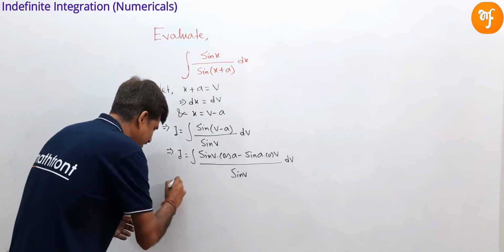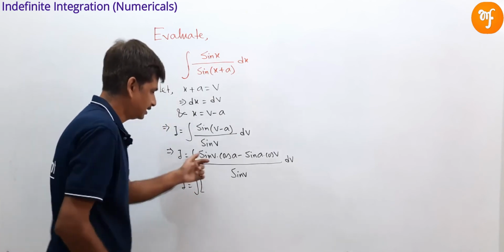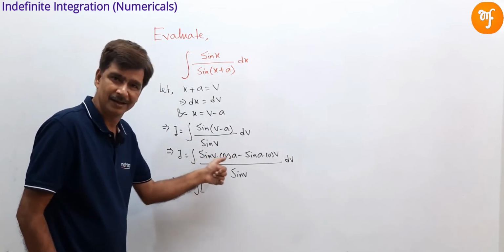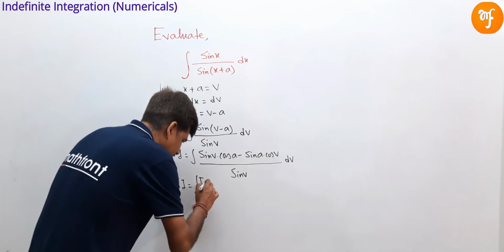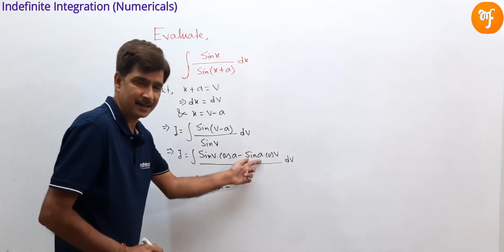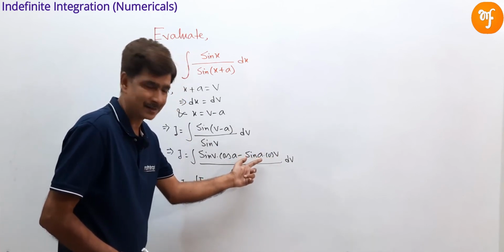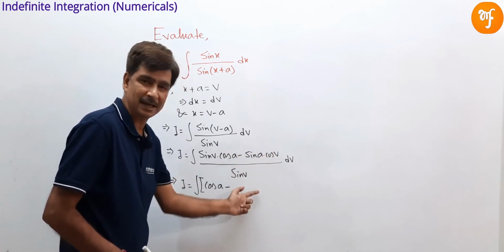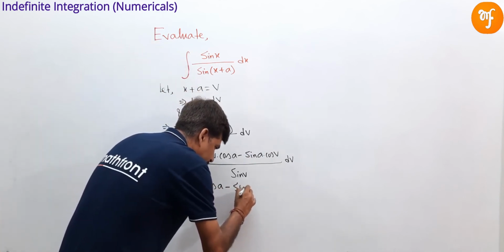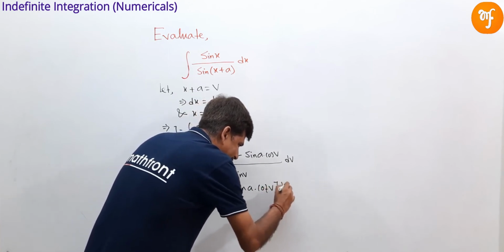So what is I? I will be the integration of sin v cos a divided by sin v. So sin v can be cancelled, and this will be simply cos a. So we write cos a minus sin a into cos v divided by sin v, and cos v by sin v is cot of v. So this is sin of a into cot of v dv.